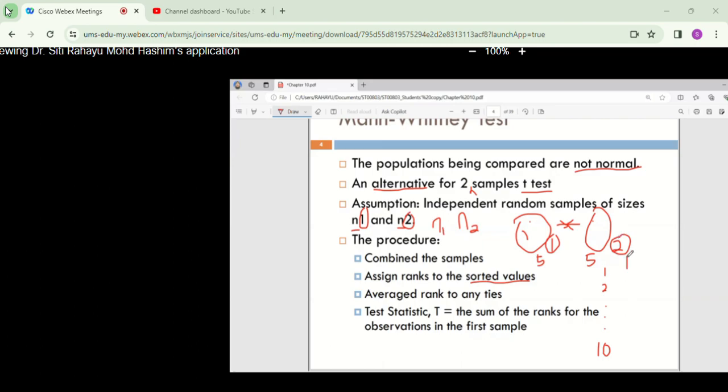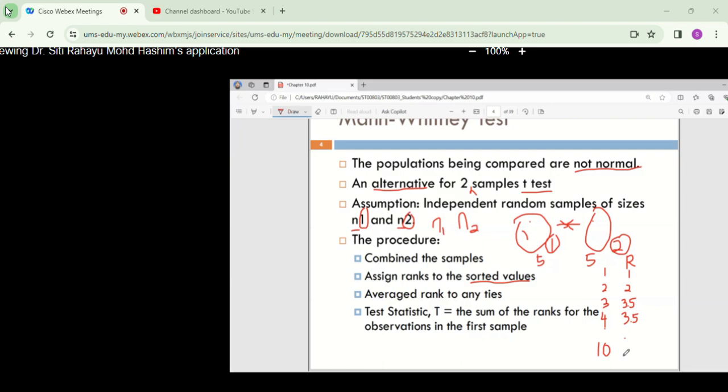So this one is rank 1, this one rank 2, and maybe 3 and 4 are ties. So this one will be 3.5, because we need to average the rank if there are ties. So this is also 3.5, and so forth.